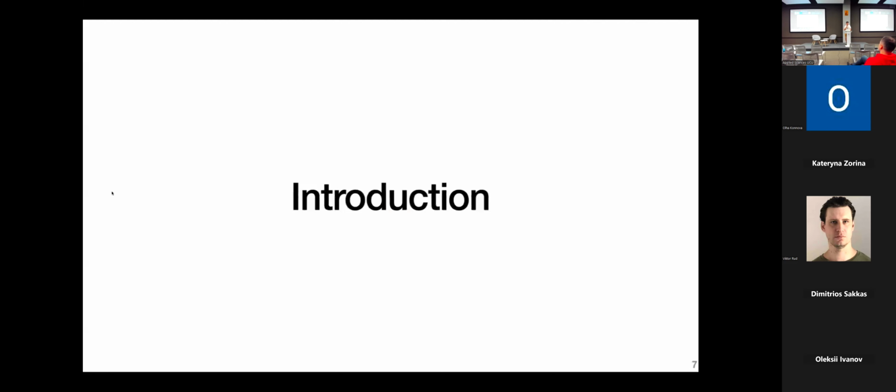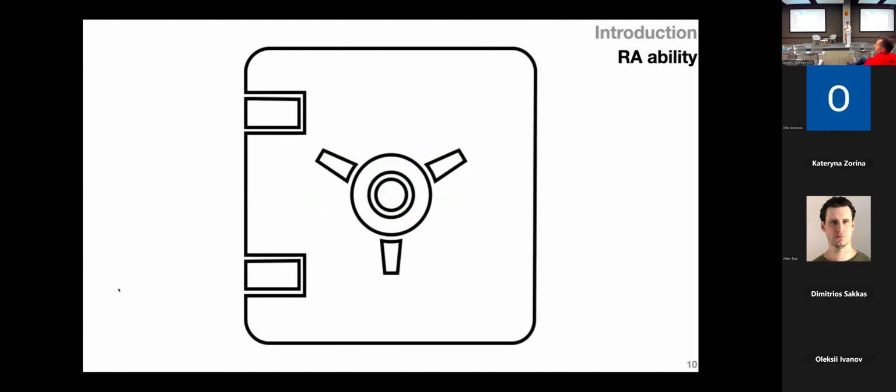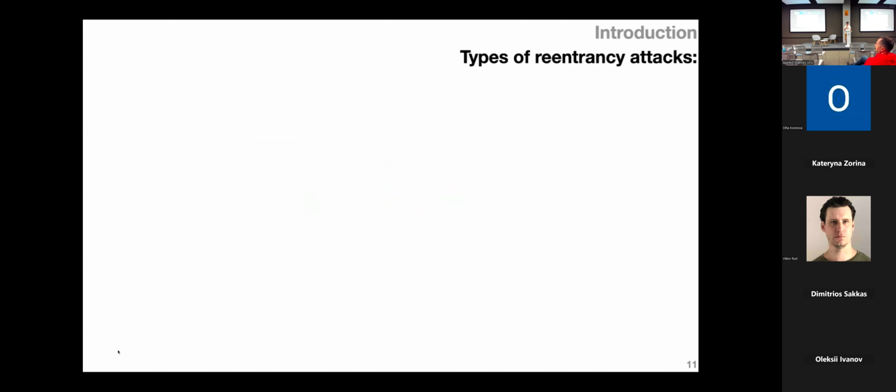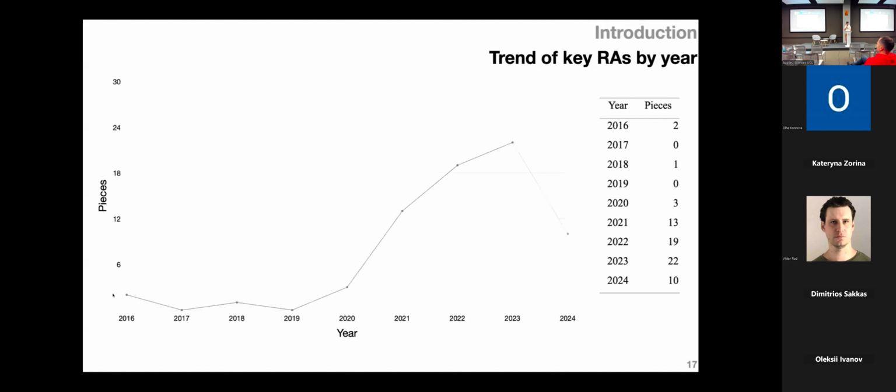The main case of reentrancy attacks was in 2016. Only two attacks were in that year. But the first reentrancy attack was the biggest attack, and it resulted in a hard fork of the Ethereum blockchain.